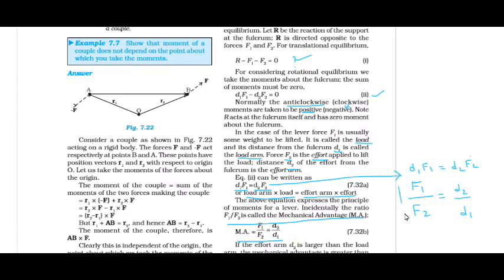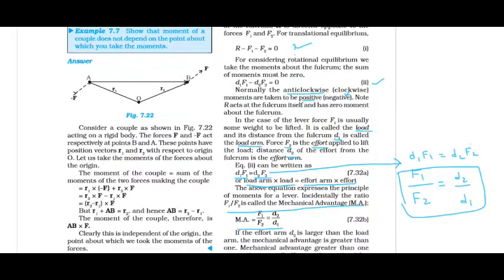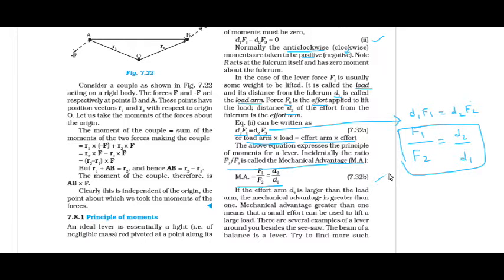So this is the ratio we are talking about. This is called mechanical advantage, which is represented in equation 7.32.